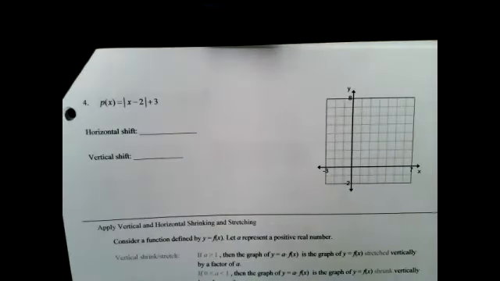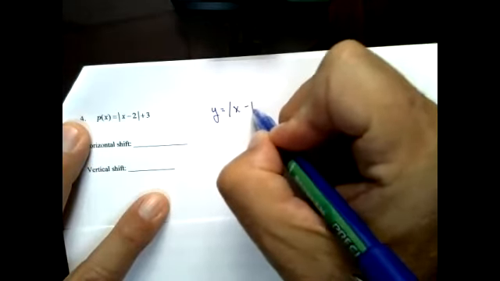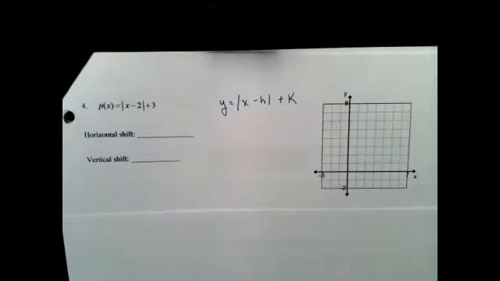Different function this time. Still going to use 3 graphs. Here, my generic form would be y equals the absolute value of x minus h plus k. So instead of my parent function being y equals x squared, it's now the absolute value.